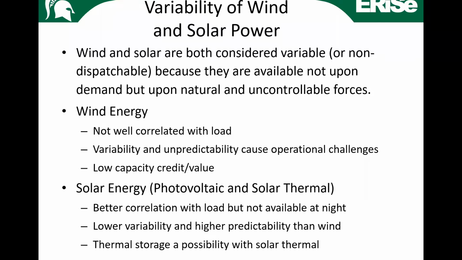Now, solar behaves a little differently. It shows better correlation with load because loads are high during the daytime, and the sun is up during the daytime. The solar radiation gets stronger as the load gets higher, so that helps. But we know for sure it's not available at night, so we can't be too dependent on it. We have to make alternative arrangements for when it's not available. The lower variability and higher predictability than wind can help in coordinating with conventional generation.